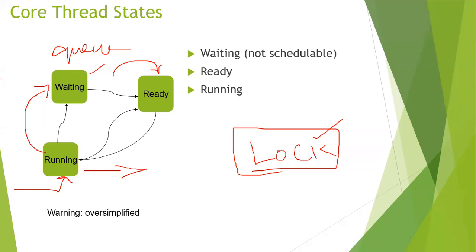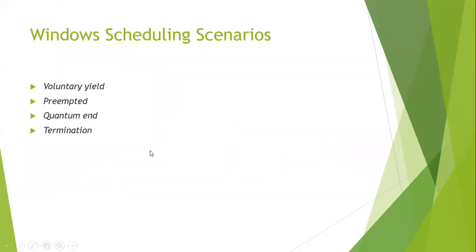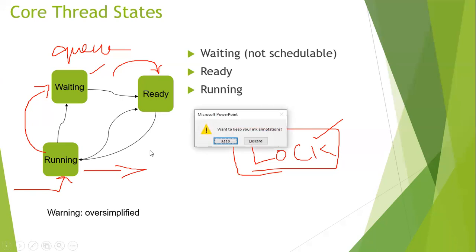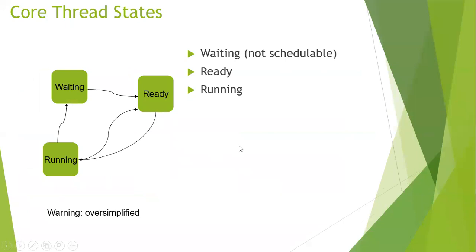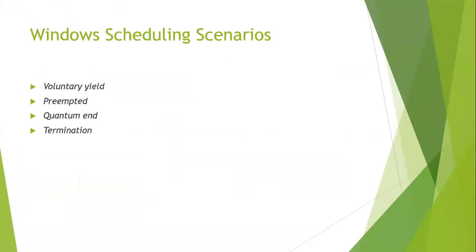Once the resources are acquired, the thread will be in the ready queue, telling that it is ready to run on the CPU. We will talk more about this when we discuss SQL schedulers and SQL queue states.